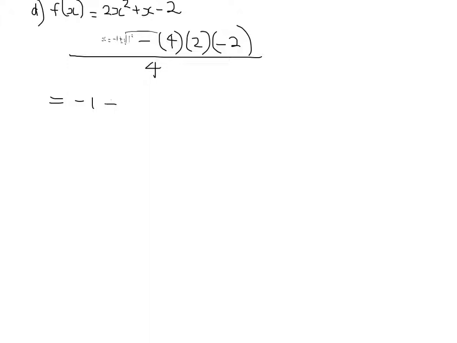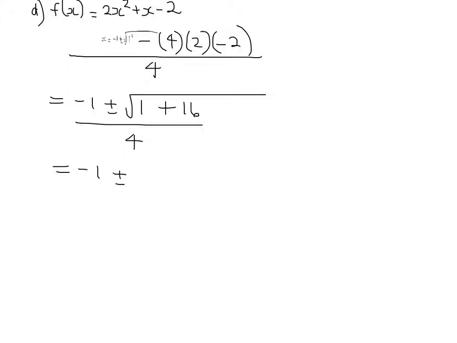So minus 1 plus or minus the square root of 1 plus 16, over 4. I said an approximation, I meant a decimal approximation, but this obviously gives an exact value. So it's minus 1 plus or minus root 17 on 4.